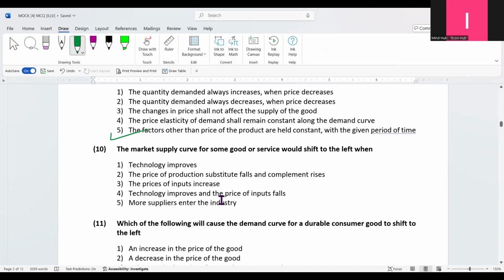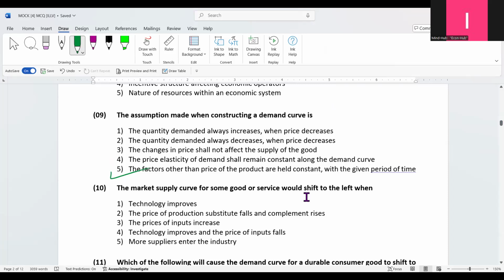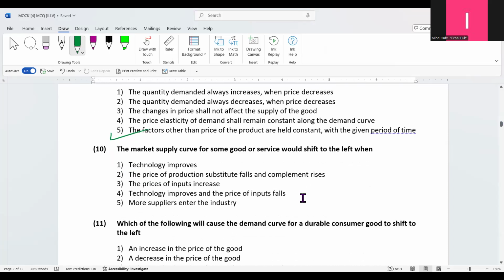Question 10. The market supply curve for some goods or services would shift to the left when? Leftward shift meaning decrease in supply. So it should be, first of all, other factors affecting supply because we are talking about a shift.